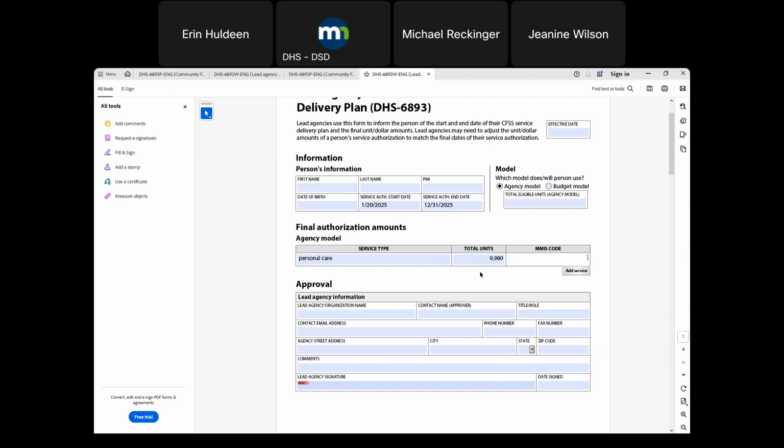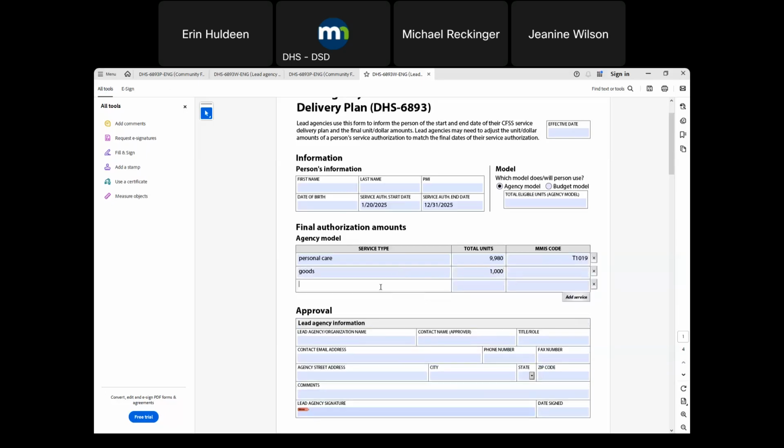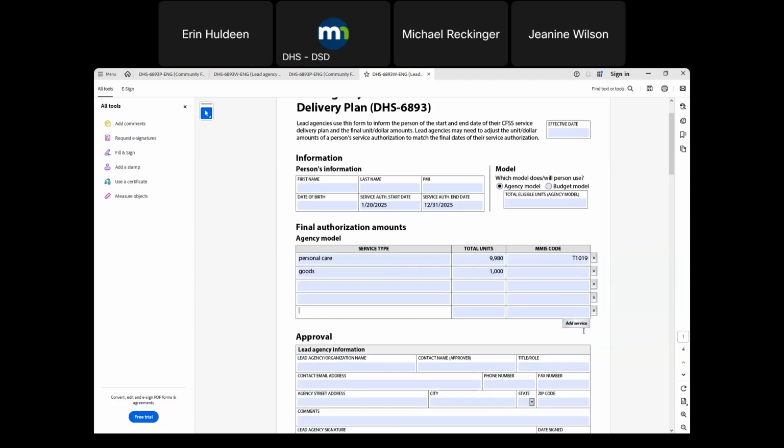Okay, and then the procedure code of T1019 U9, I believe, is the modifier. Okay. Then if the person has goods or services, that's going to be listed here. So maybe $1,000 for goods. Okay, and then worker training and development is going to be listed here. And so they can continue to add each of the different services that are available for the person.